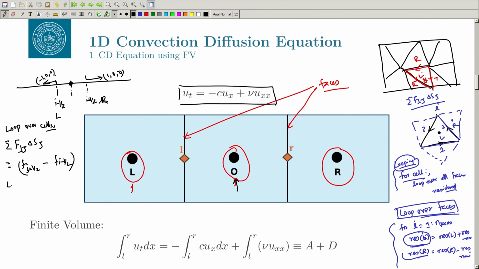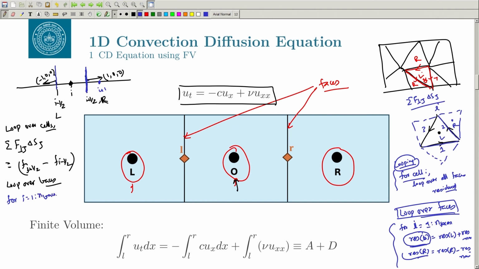If you do a loop over faces, then what will happen is, let us say you go to this face, and then you have another cell on the right which is i plus 1. Let us say I am looping over this particular face, for i equal to 1 to nf, number of faces.